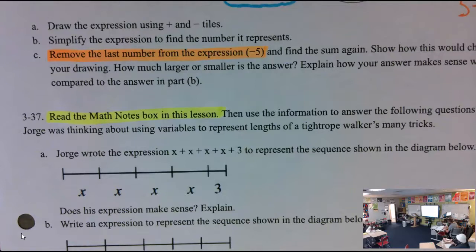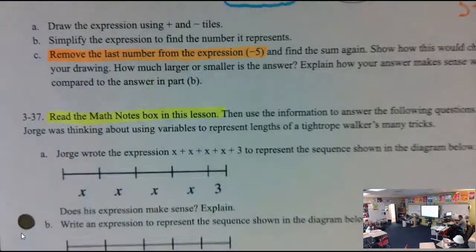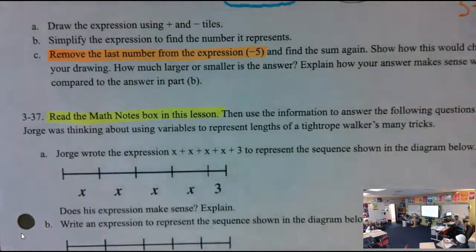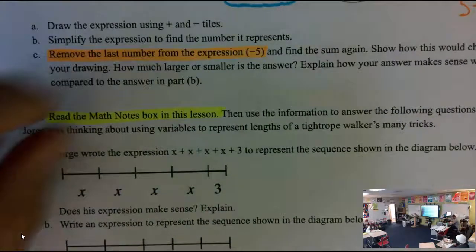Sorry, this is one that I didn't have space to put in your notes. So that math notes box, if you want to look it up in your book, it is on page 143.